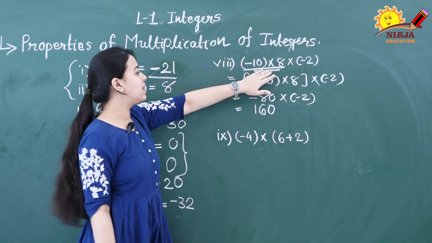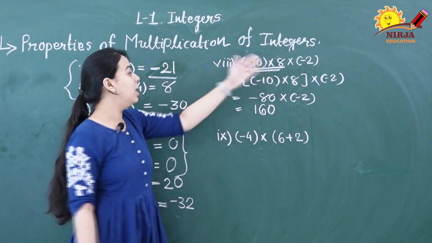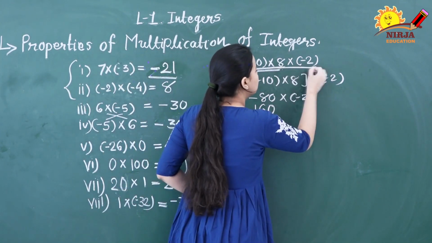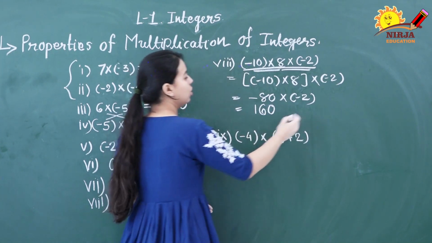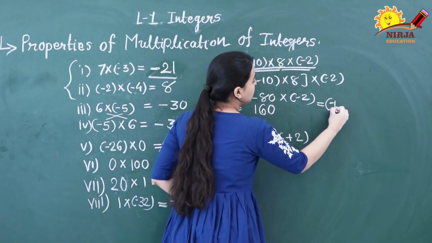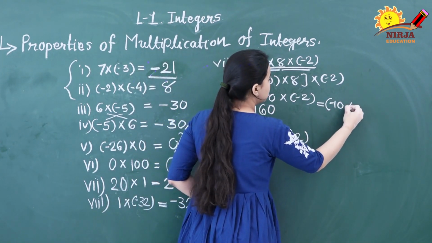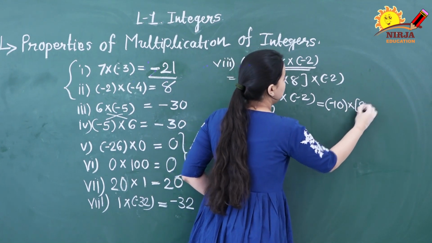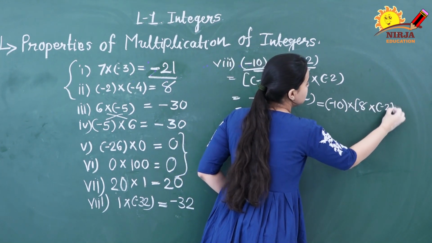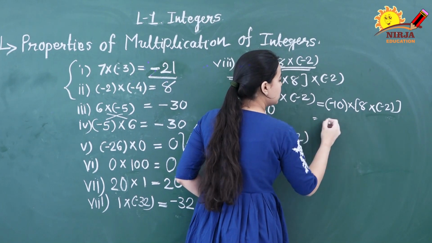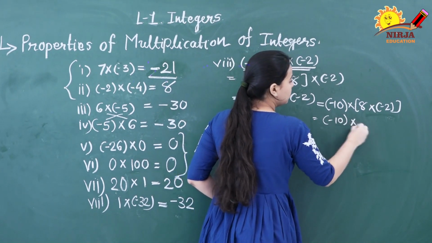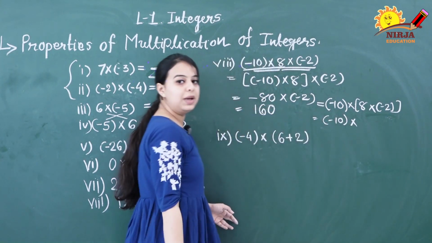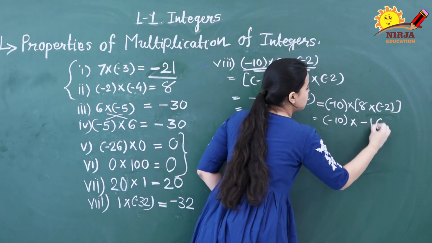Now the same example we are going to solve, but this time I will take these two first. Let's do so. Minus 10 multiplied by 8 multiplied by minus 2. Solve this first. 8 multiplied by minus 2 will be minus 16.